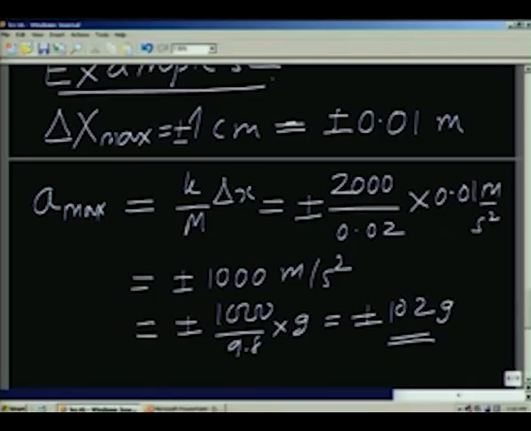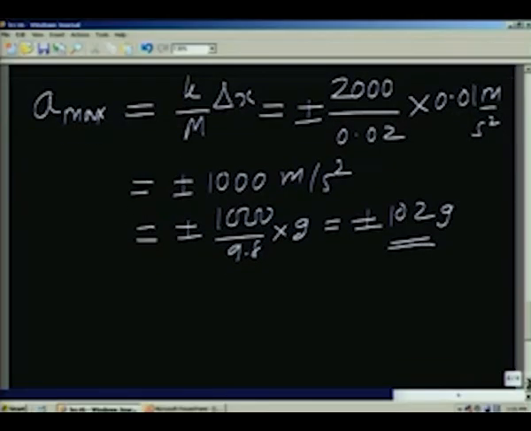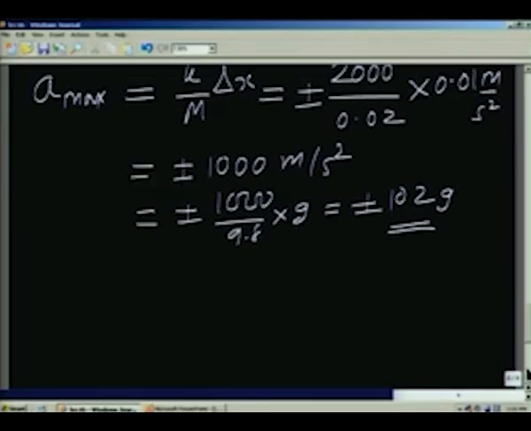So, if you allow the mass to move, or the spring to compress or expand by about 1 centimeter, you are talking about 100 g appearing as the acceleration impressed, which is a very large acceleration.